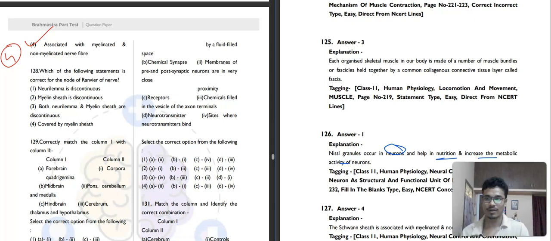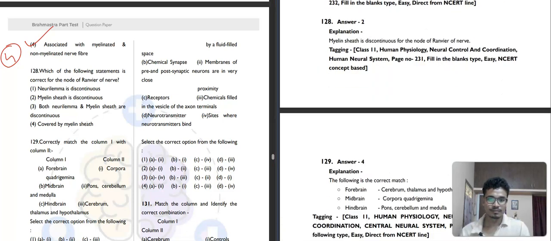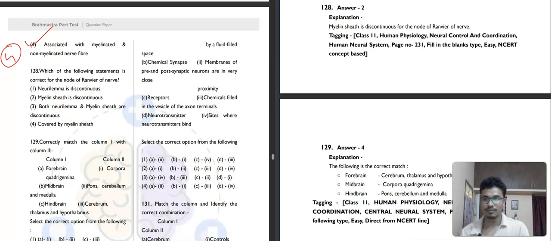Then question number 128. Which of the following statements is correct for the node of Ranvier of a nerve? The myelin sheath is discontinuous, which will be our correct answer for this question.